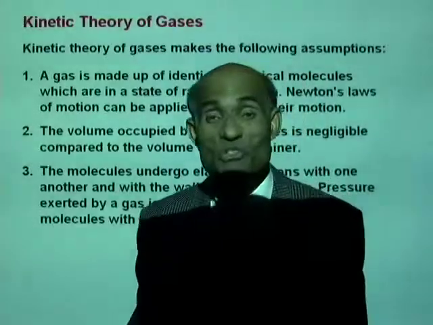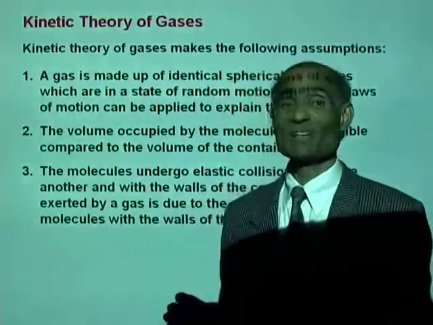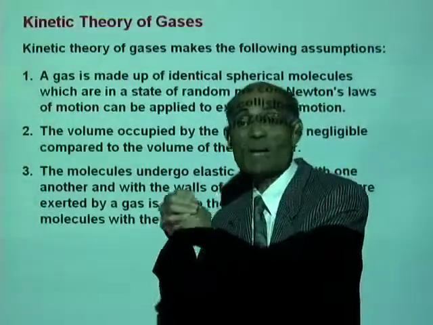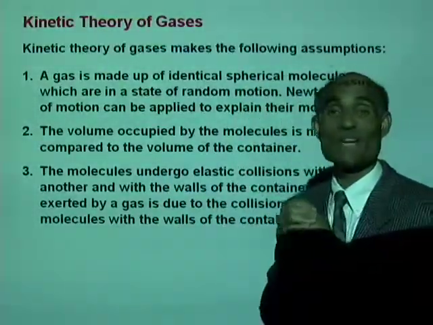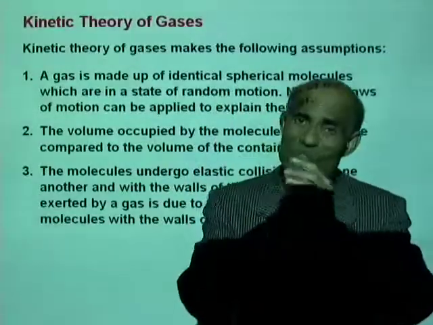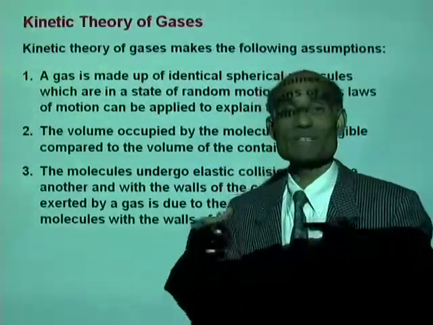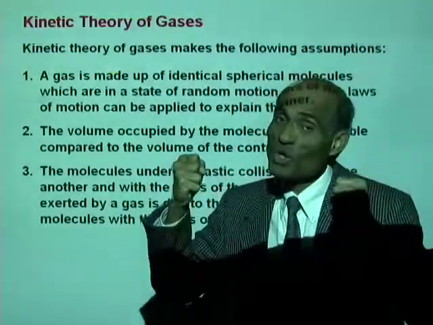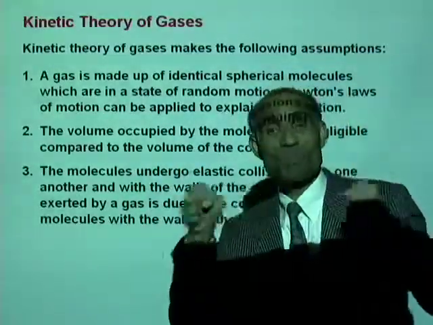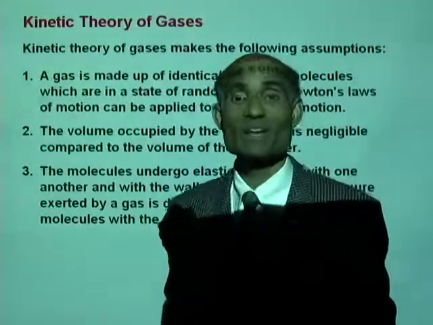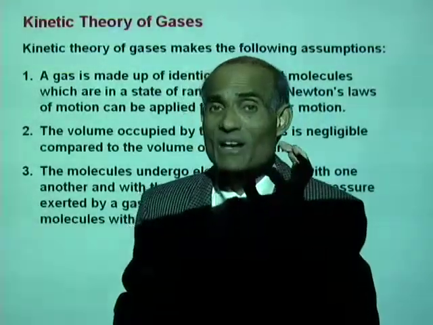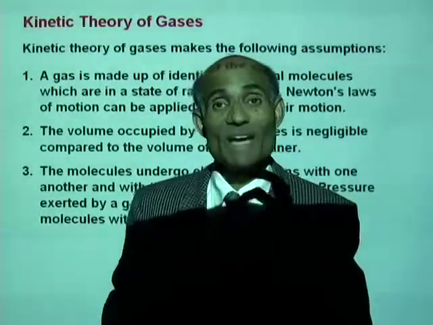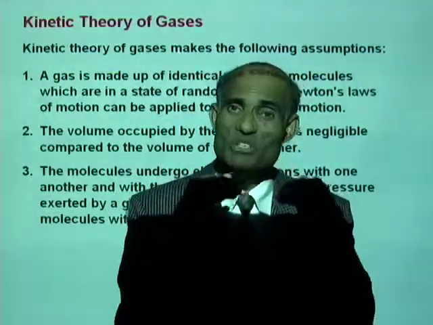And the pressure exerted by a gas is actually due to the changes in momentum they impart on the walls of the container. They are hitting continuously on the walls of the container. You remember we said at absolute zero, at 0 Kelvin, a gas ceased to have any pressure.